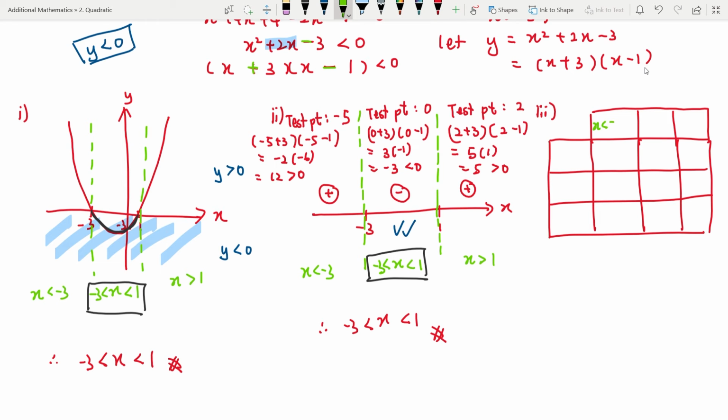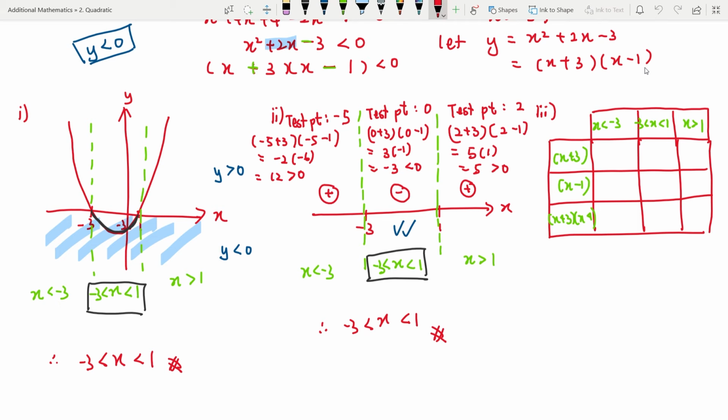X is less than -3. X is between -3 and 1. And here is x is greater than 1. For this column, we fill in the factor x plus 3, x minus 1, and the multiplication of the two factors, x plus 3, x minus 1.